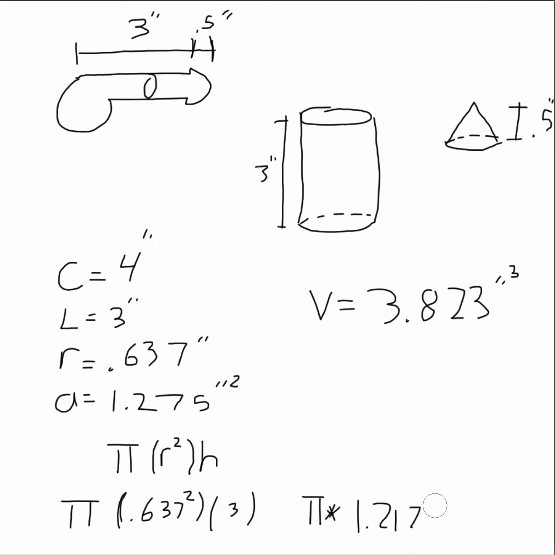All right, so V is the volume of the shaft, and we'll say B is the volume of the head.